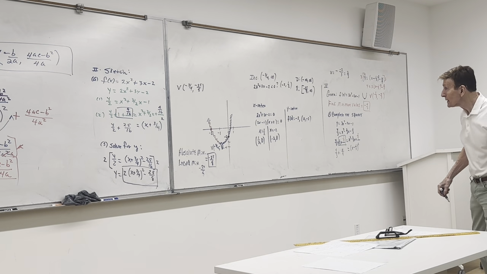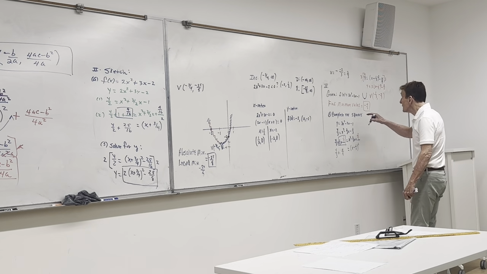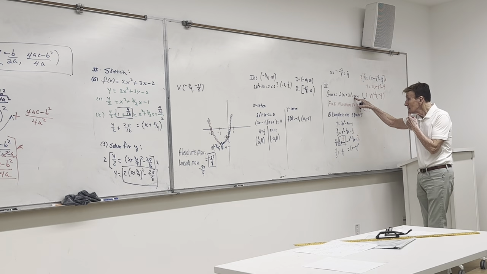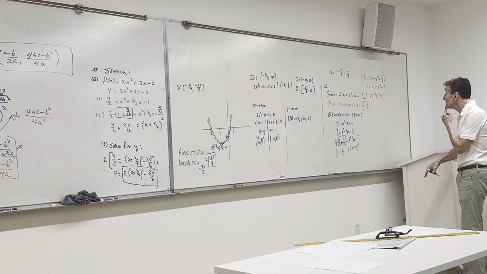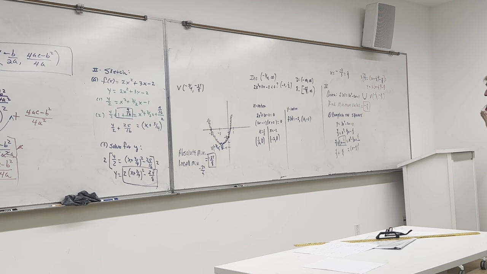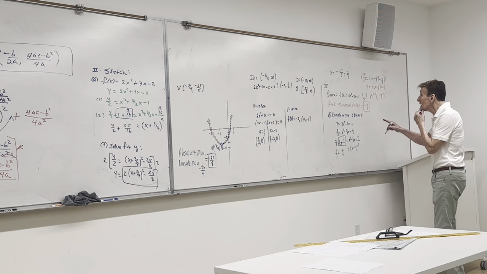Hang on. This is b, this is a, and we got negative b over 2a. Is that true, guys? Why am I getting 2/3 when we finally got 1/3 over here? Because it's 2 times 3, which is 6. So it's 2 over 6.